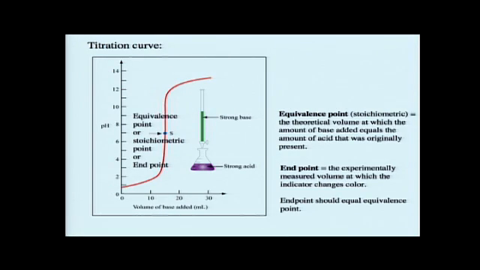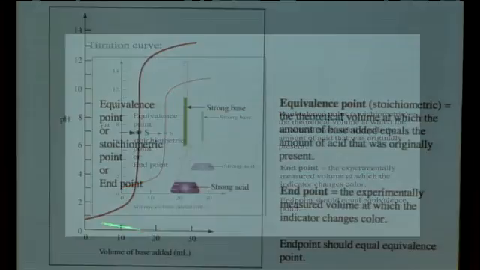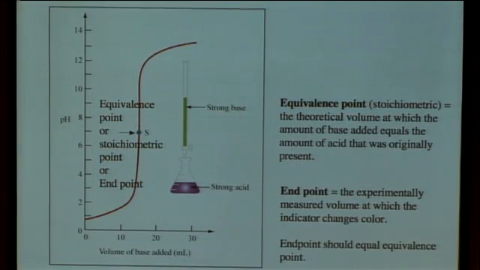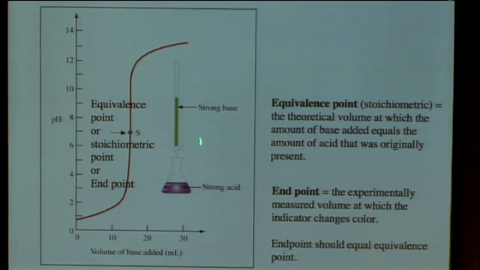All right, so here's what a plot looks like and some of the key terms involved in acid-base titrations. You have pH on one side and then volume of either base or acid added on the other side. So pH versus volume. In the actual experiment, you have a base that you're dripping, one drop at a time, into your strong acid.